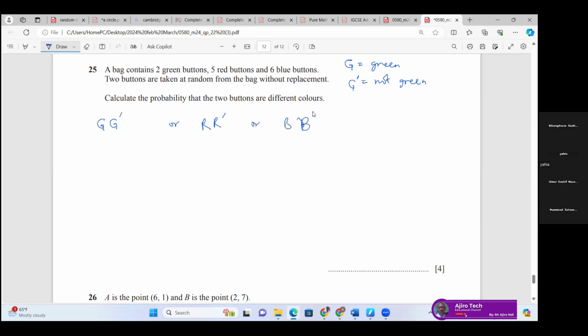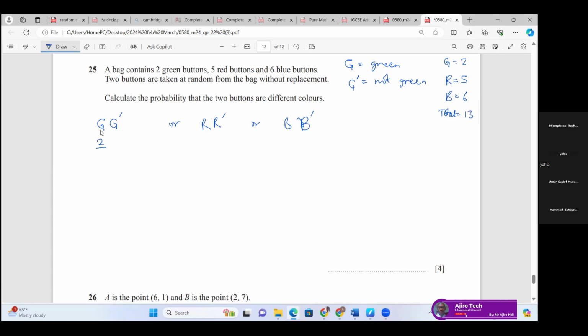Okay. Now the first case, don't forget that green is 2, red is 5, and then blue is 6, right? So when I have green, that means I have 2 out of total. Total must be what? 13.